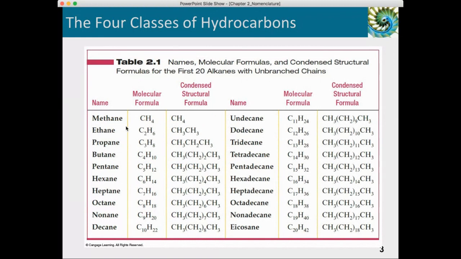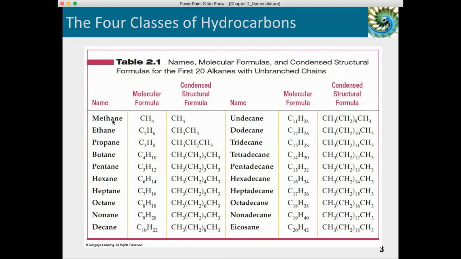Okay, so here are the common names for the simplest hydrocarbons containing from 1 to 10 carbon atoms. And here we have from 11 to 20. So as you can see, two things here. All of these names end in the same way, with ane. So that's from the alkane.